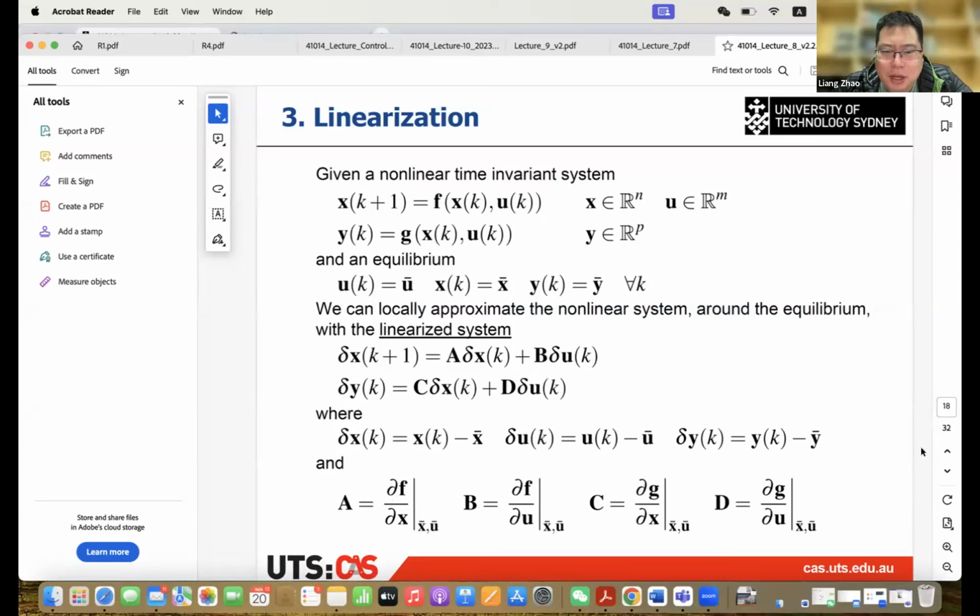A is the partial derivative of function f with respect to the state x. Let's give a very simple example. Say in f there are two separate equations, f1 and f2, and there are two variables in the state x, which means x1 and x2.